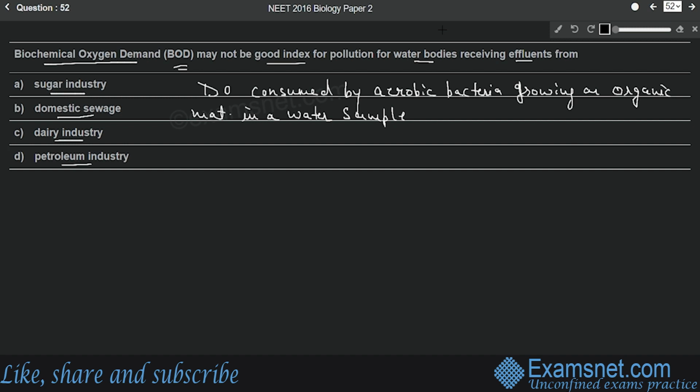Okay, so simply we can say that it is the amount of dissolved oxygen that is required by aerobic microbes living in water. So higher biochemical oxygen demand, higher BOD, represents highly polluted water.